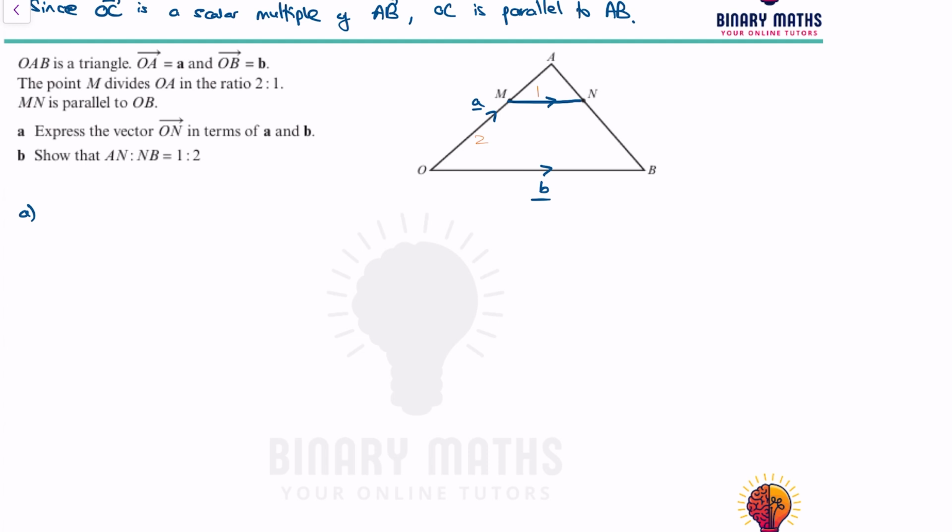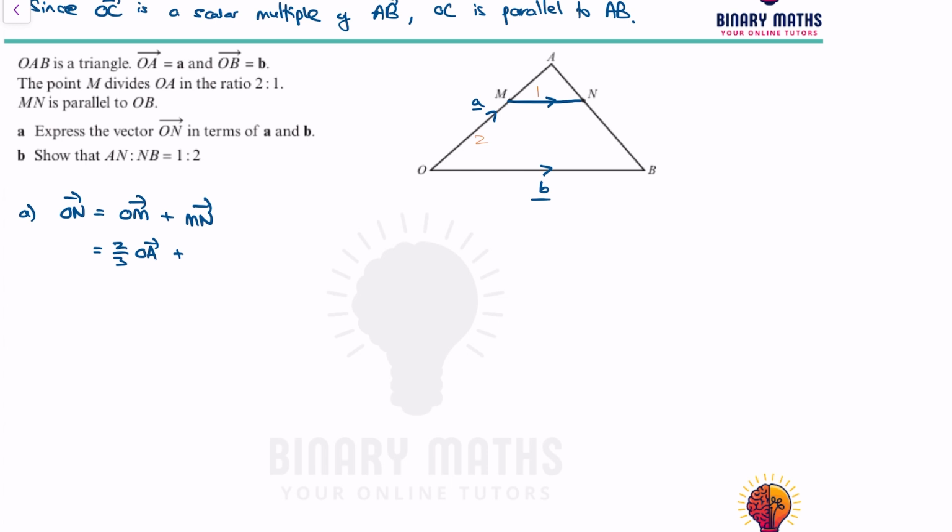Okay, so if I want to go from O to N, one way is O to M plus M to N. Now O to M is just 2/3 of O to A. And M to N is just a scalar multiple.